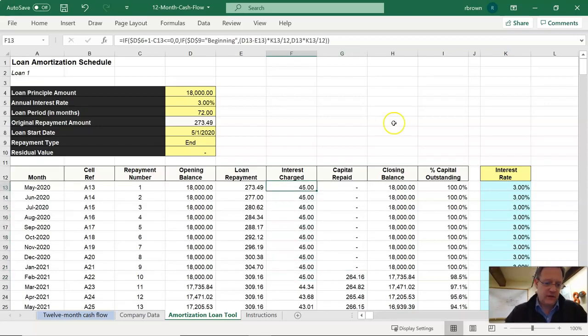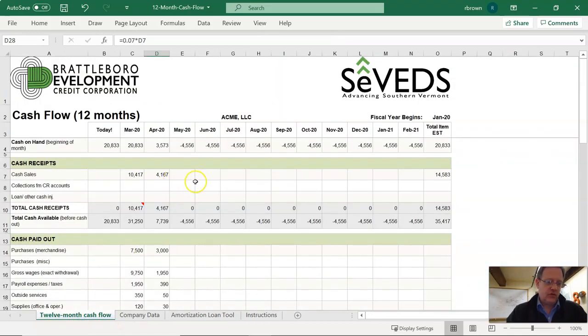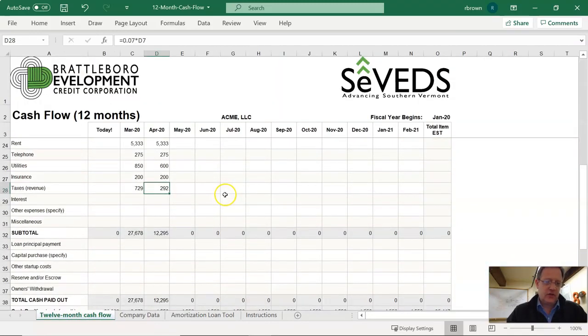So that's $45 a month. So I'm going to go now back to the 12-month cash flow statement, and I'm going to jump down in May. So the assumption we're making here is that this interest begins in May, $45. I'll carry this over a few months.